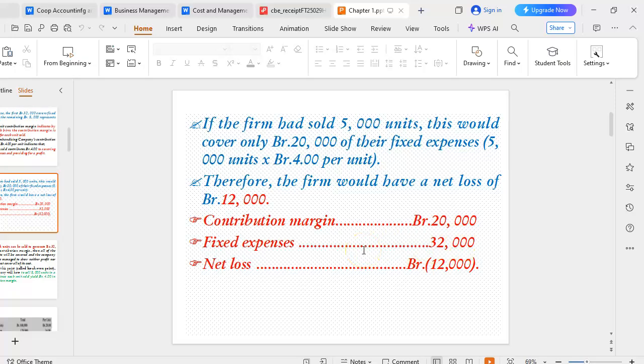Then do we have a loss or not? No, we have no loss, but we have no gain. Neither loss nor gain.